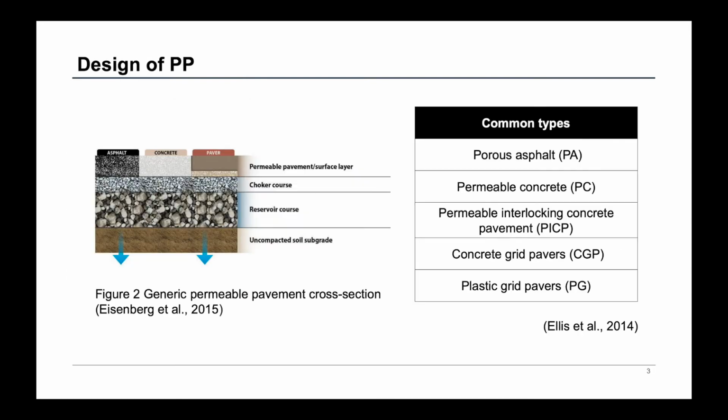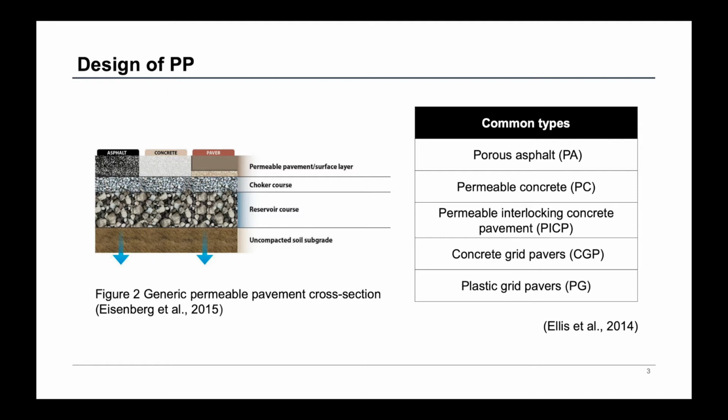First, let's talk about how to design a permeable pavement. The permeable pavement system is a stormwater management system that controls sediments. As shown in Figure 2, permeable pavements consist of a permeable surface layer, choker courses, and other sublayers.